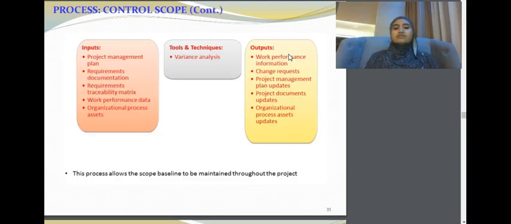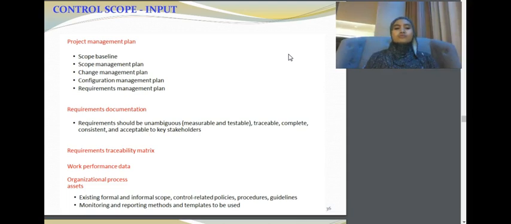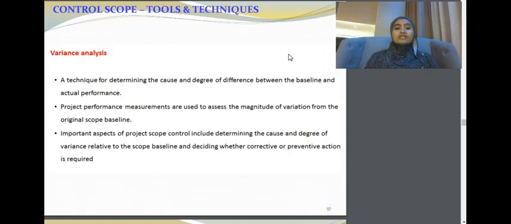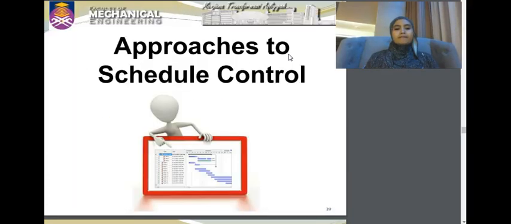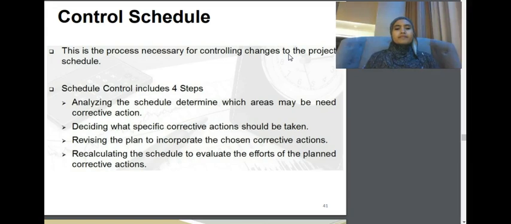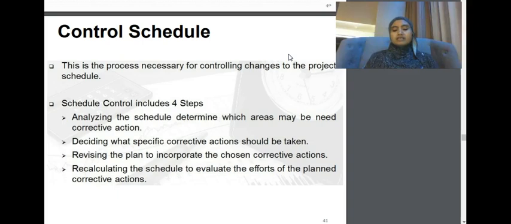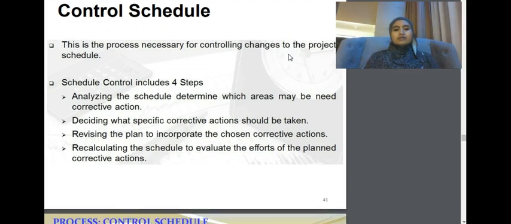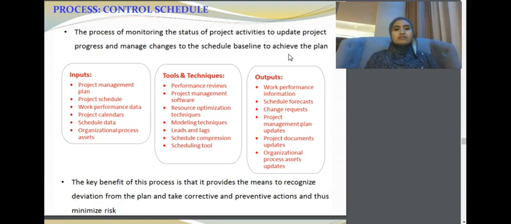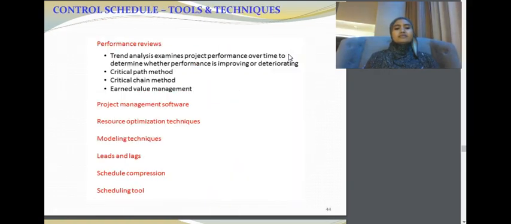It is important to control the scope, and in this topic, all scope, which includes input, output, and also tool and technique, will be covered properly. The very specific topic of what we call control schedule will be highlighted as well.